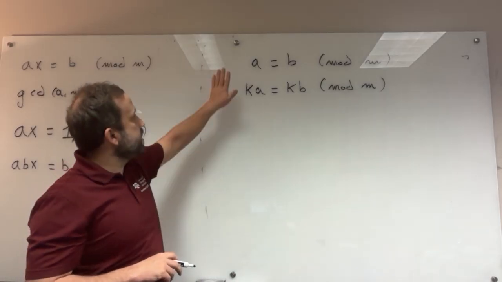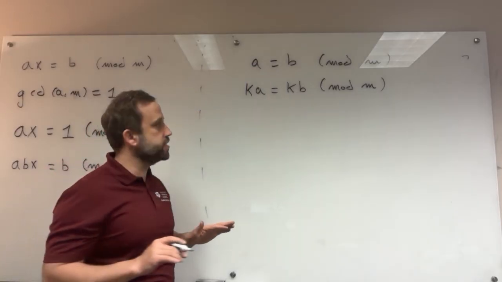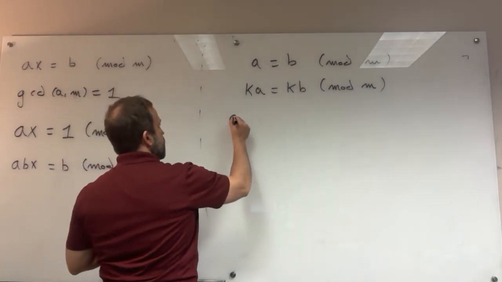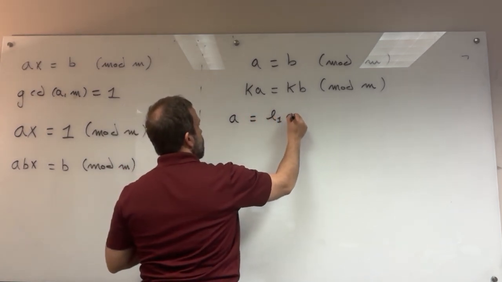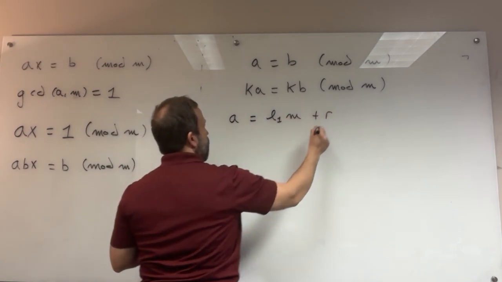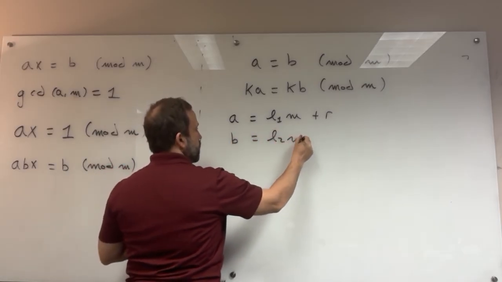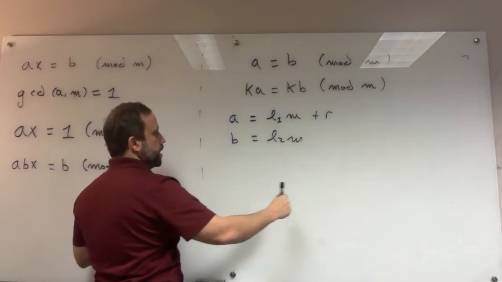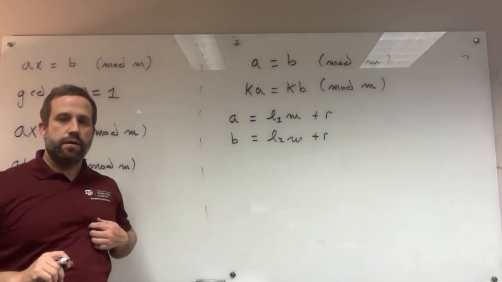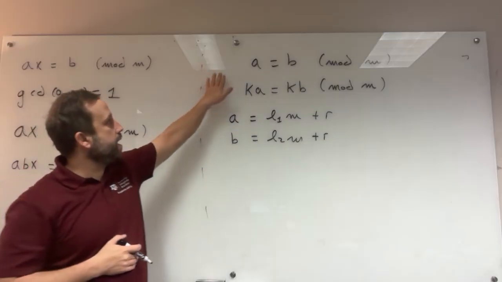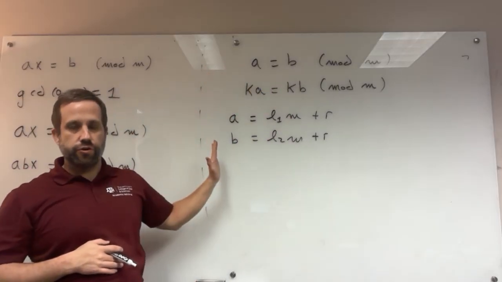When we say that A is equal to B mod M, another way that we can write this using the division algorithm is that A is equal to L1M plus R, and B is equal to L2M plus the same R. A different L2, since A and B aren't equal, but the same R. So A is equivalent to B mod M if and only if this is true.